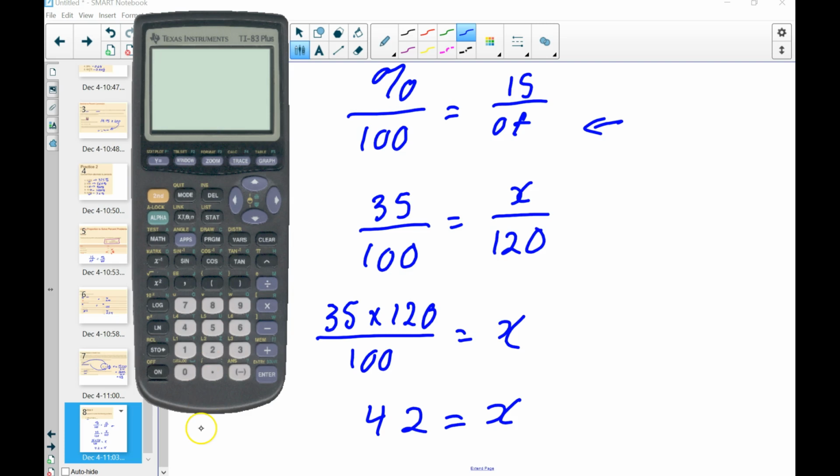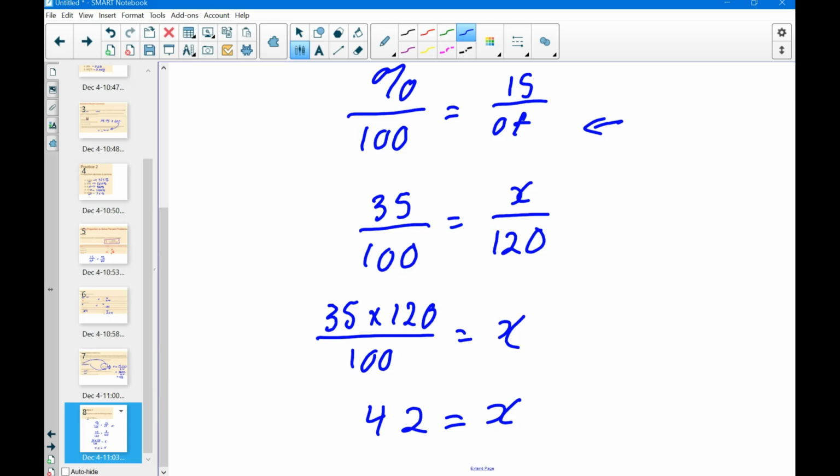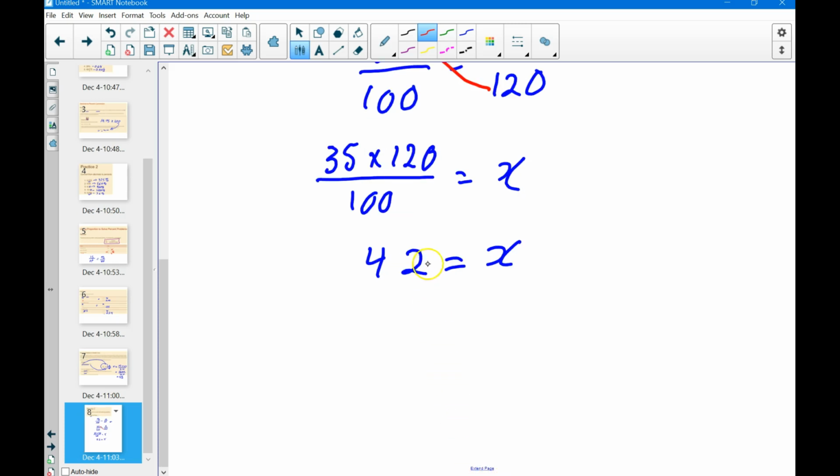Okay, I'm going to show you a shortcut that does the same thing. You see right here what I did was I cross multiplied, so the 120 came up here, multiplied by the 35, and I got 35 times 120.